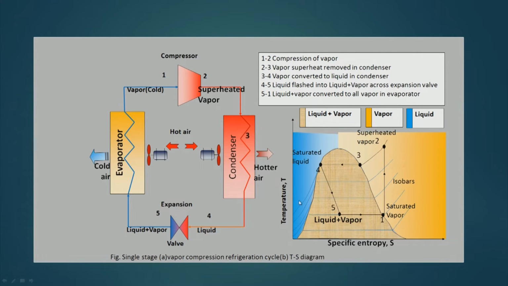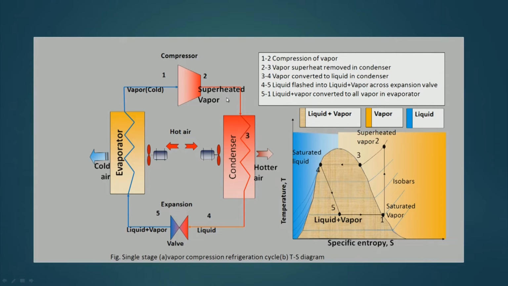This shows a temperature entropy diagram, how the cycle goes on. This is the cycle, and this is the saturated liquid region, this is the saturated vapor region, this line shows the saturated vapor line. This shows 1 to 2 compression of vapor.